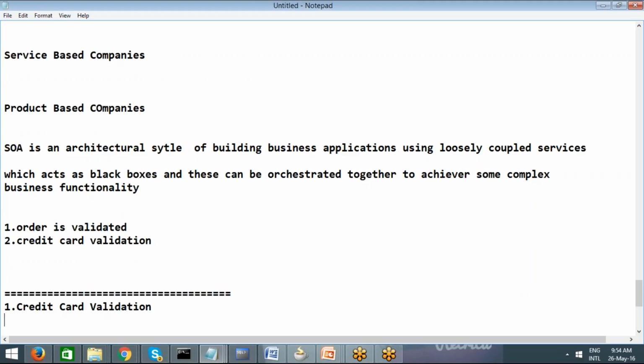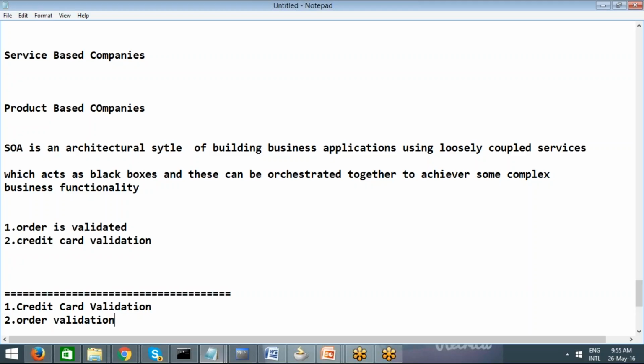And then I want to do the order validation. Since these two services are completely loosely coupled and independent of each other, and reside separately, I can change this order with very few changes or with no changes at all, and my architecture can be redesigned. So this concept of web services basically gives a lot of agility to your solution.